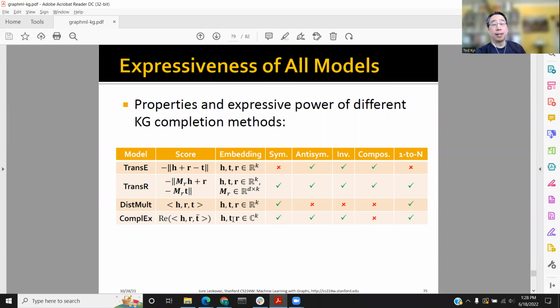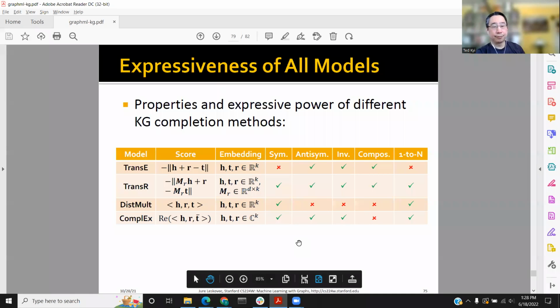Dist-mult, it's now not using Euclidean, it's using this dot product form. And it has some significant limitations, but by switching to complex numbers and taking the real component of this dot product, then you solve for most of that.